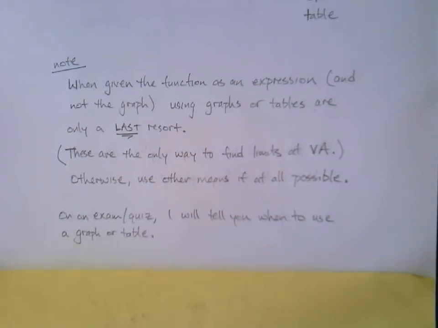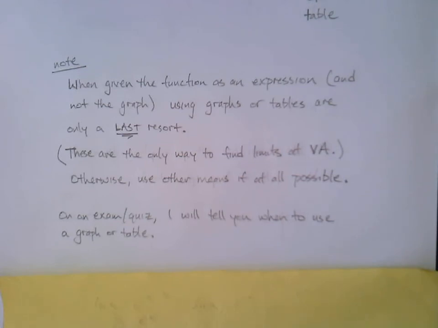So what does that mean when it comes to exams and quizzes? How will you know if it's not at all possible to simplify? Because I'm going to tell you. On an exam or a quiz, I'm going to tell you when to use a graph or a table. I'll say it in the problem. I'll say, evaluate or find this infinite limit using a table, something like that.